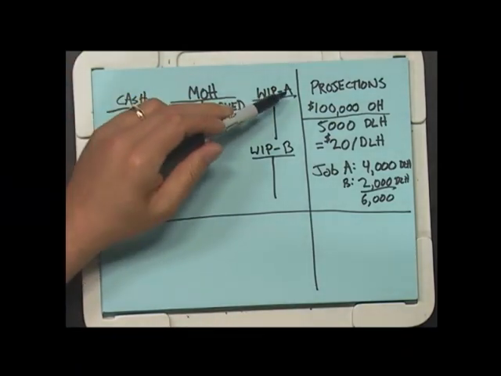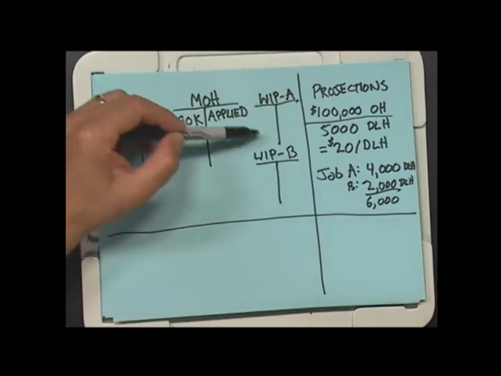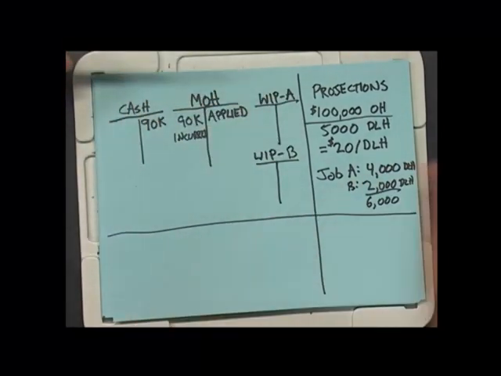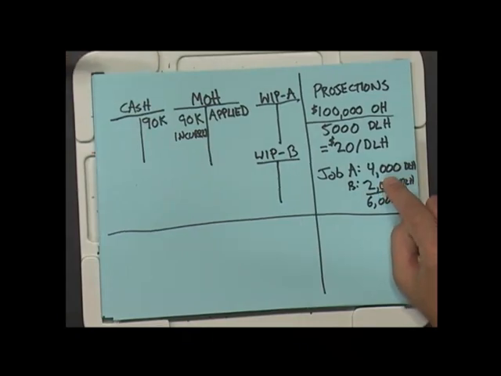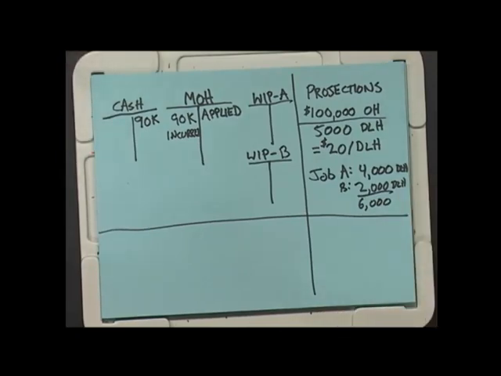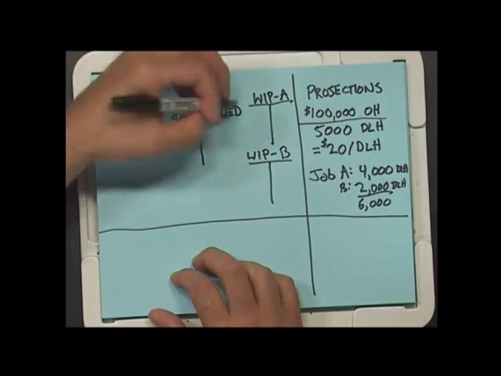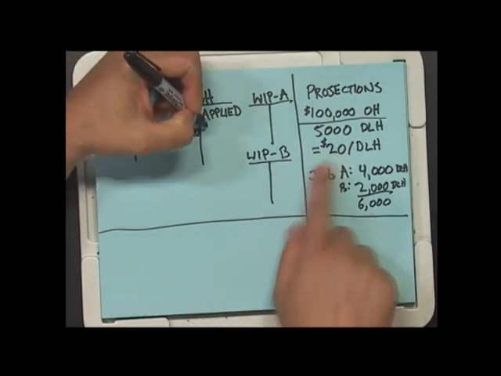Work in process account A and work in process account B. So here's one contract with one customer. It's a pretty big contract. It takes 4,000 direct labor hours. And we use, in this accounting system, a very simple rule for getting those dollars into the inventory. It's just $20 an hour.